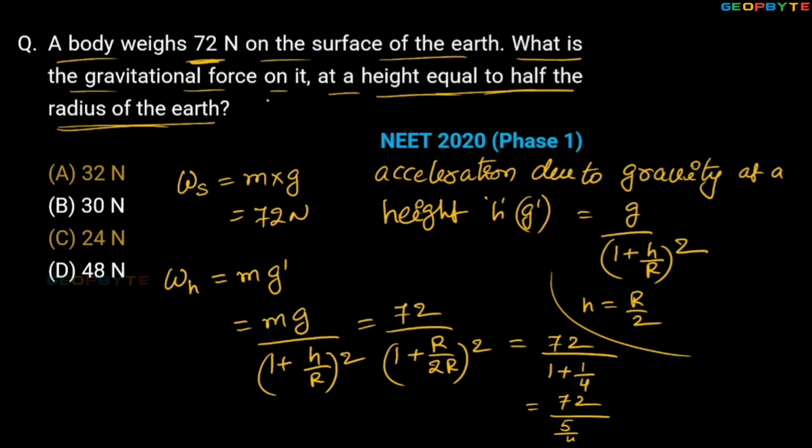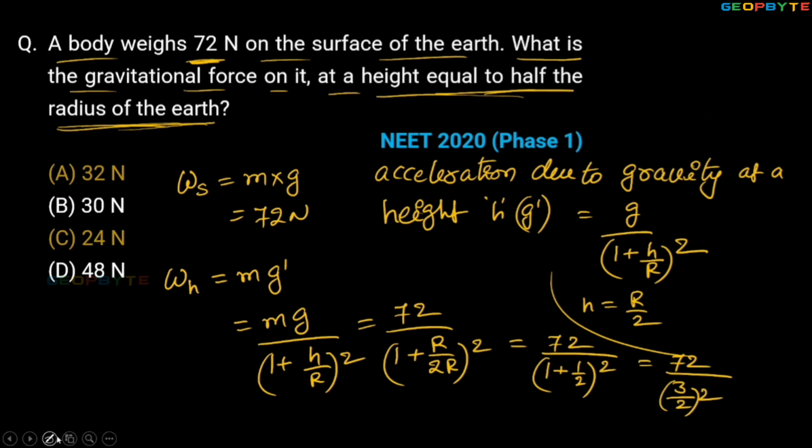Height equals half of the radius. Correct one? 1 by 2 whole square. Take a minute. We should not do it like this. Here it is 1 plus 1 by 2 whole square. It is equal to 72 by 3 by 2 whole square.